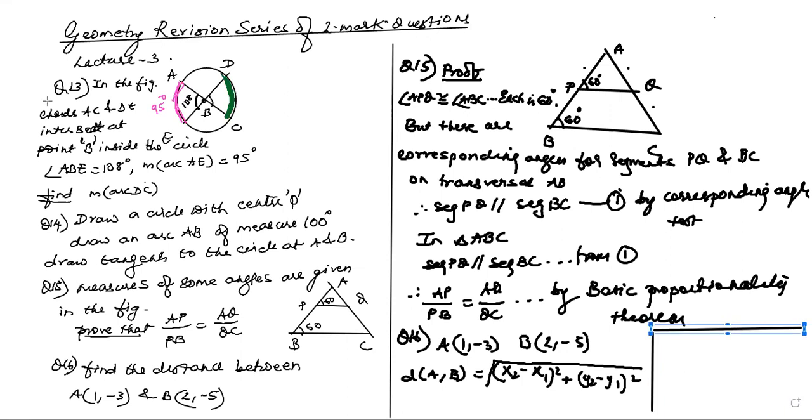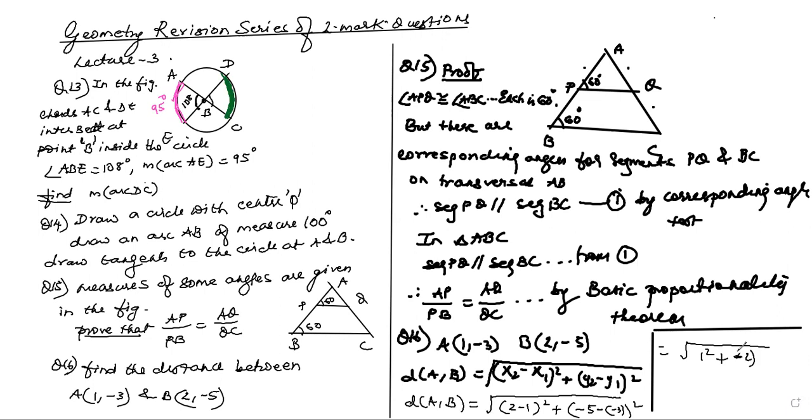What will happen is, distance between A and B equal root of X2 minus X1 the whole square plus Y2 minus Y1 the whole square. Once again, root of 2 minus 1, the whole square, plus minus 5 plus 3, that is minus 2, the whole square, that is 4.